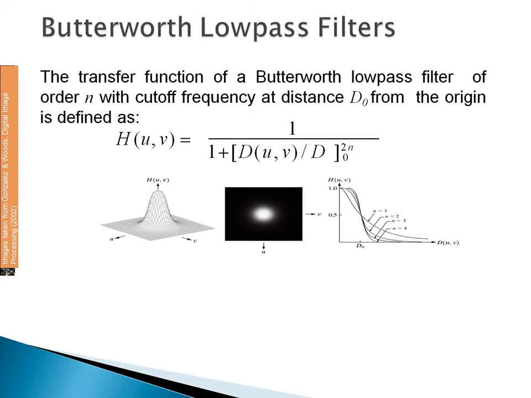Unlike the ideal low pass filter, the Butterworth transfer function does not have a sharp discontinuity. So for filters with smooth transfer functions, it is customary to define a cutoff frequency locus at the points where H of u,v is down to a certain fraction of its maximum value.